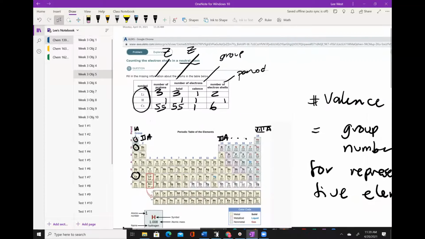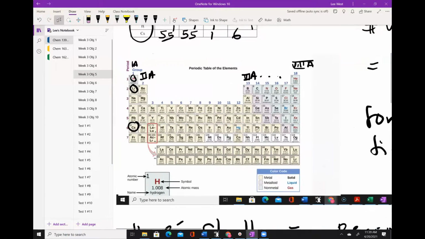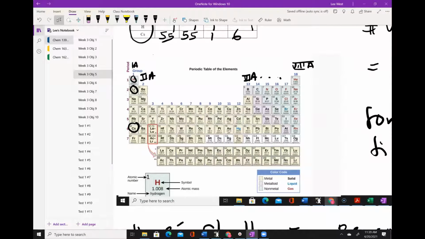So what we're really recognizing here is how to use the periodic table to understand how electrons and protons are organized in an atom.